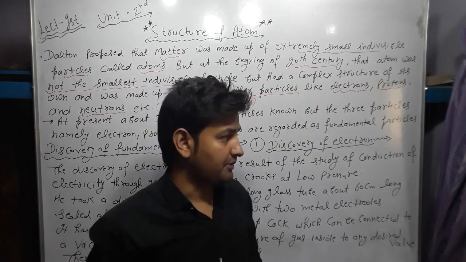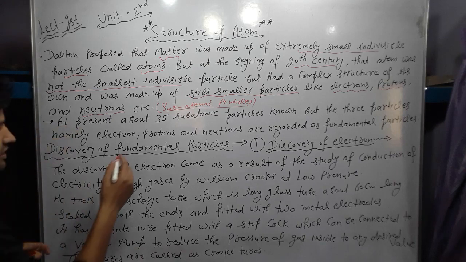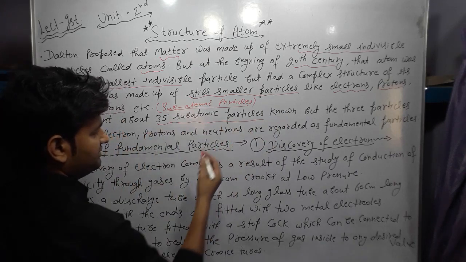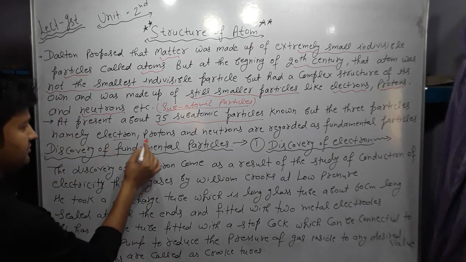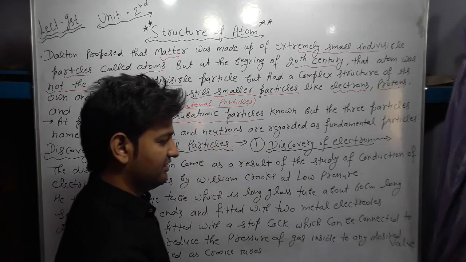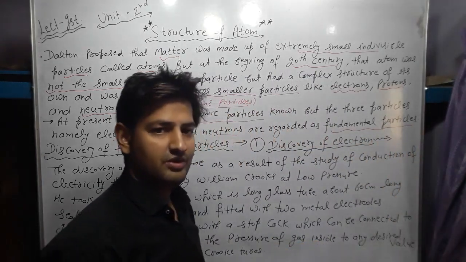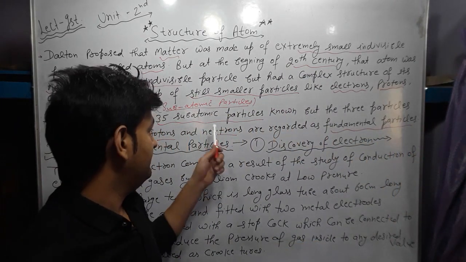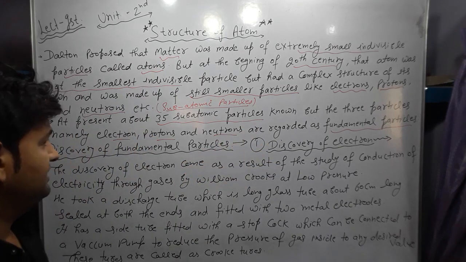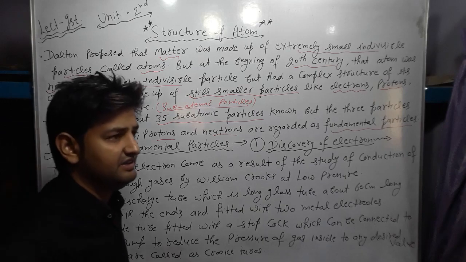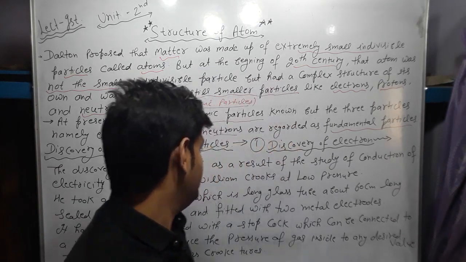Presently about 35 subatomic particles are known, but three, namely electron, proton and neutron, are regarded as the fundamental particles. So subatomic particles are many, about 35, but fundamental particles are three: electron, proton and neutron, which we are studying in this unit.